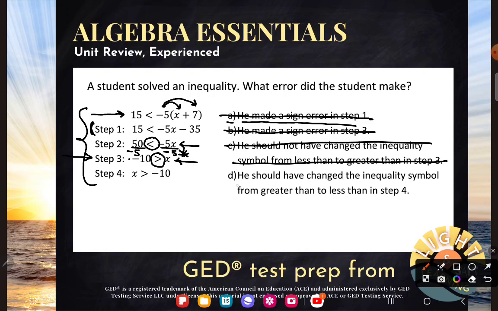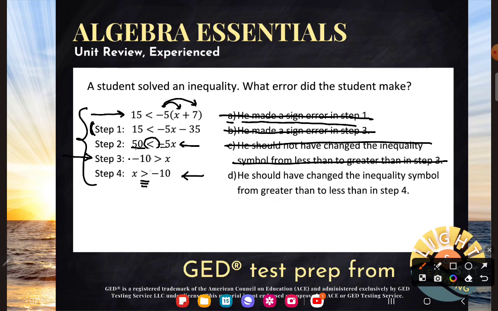Or I didn't write a very good problem. Let's see. He should have changed the inequality symbol from greater than to less than in step 4. Well, let me erase some of this distraction if I'm going to look at step 4. All right, so step 4, here we can see that we have a greater than symbol.